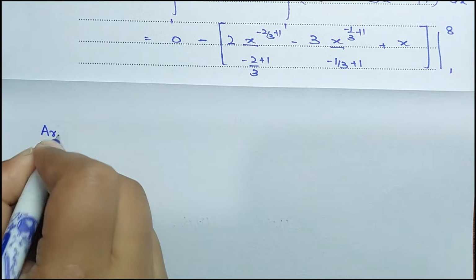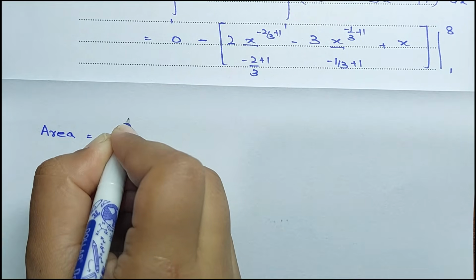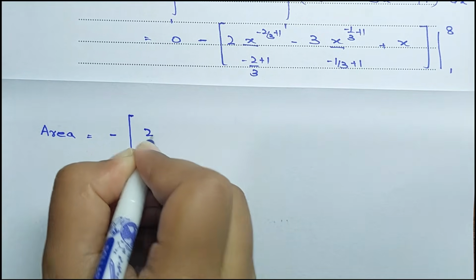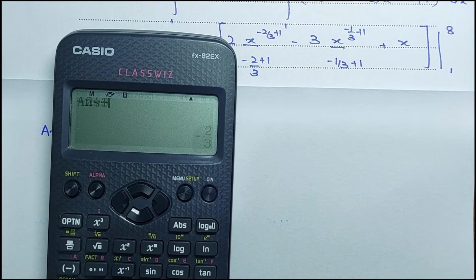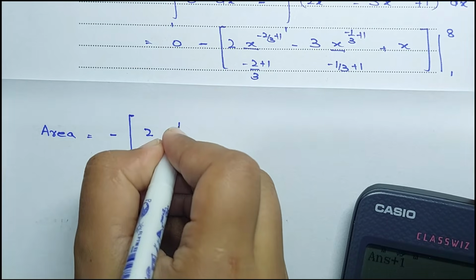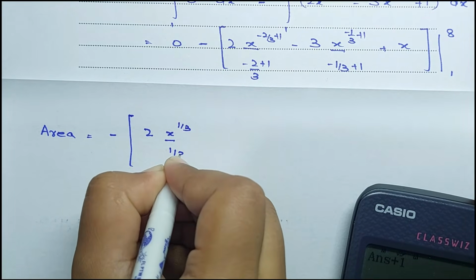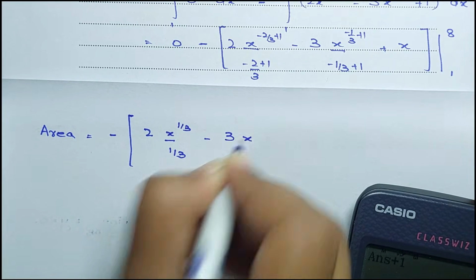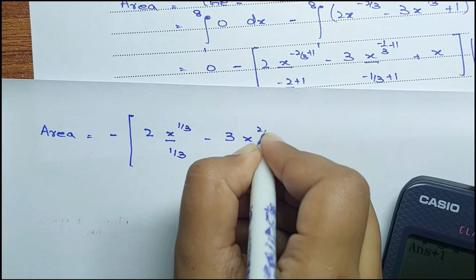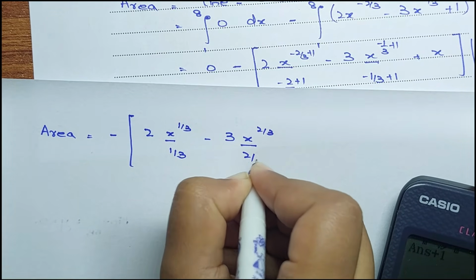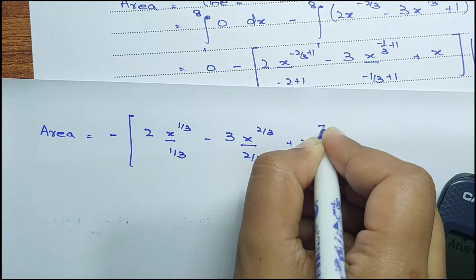Here we have area. The negative is outside. 2x to the power minus 2 by 3 plus 1; minus 2 by 3 plus 1 is 1 by 3, so 1 by 3 over 1 by 3, minus 3, x to the power minus 1 by 3 plus 1, sorry, minus 1 by 3 plus 1 is 2 by 3, so 2 by 3 over 2 by 3, plus x.